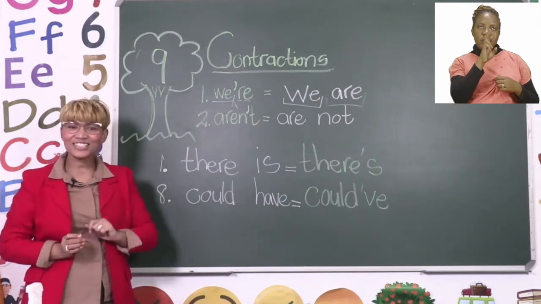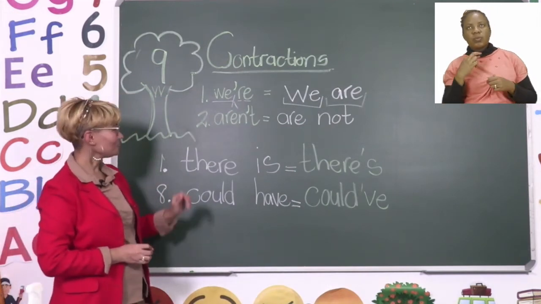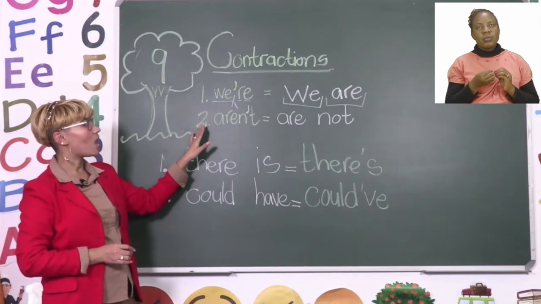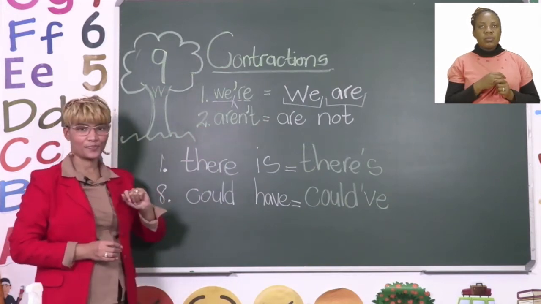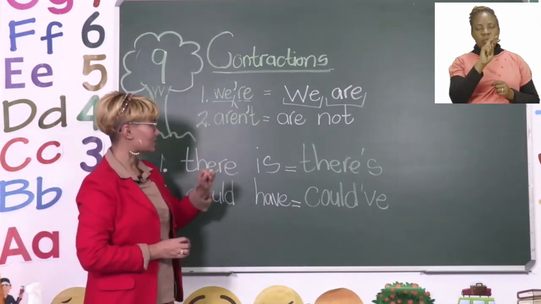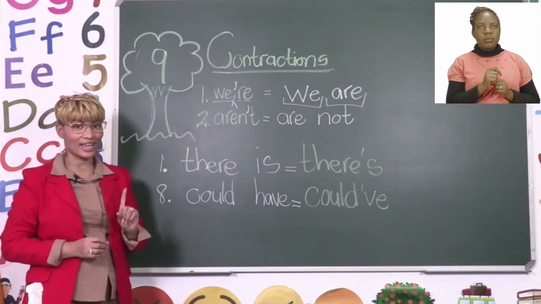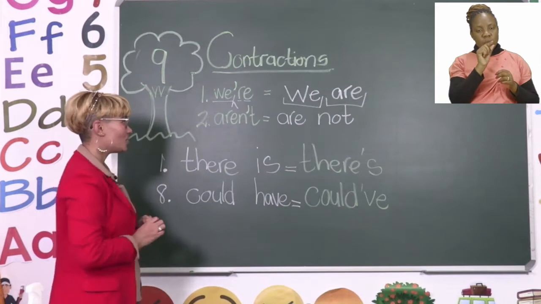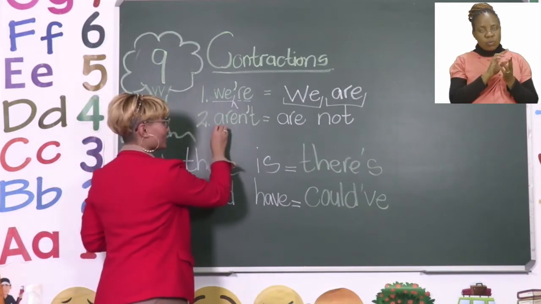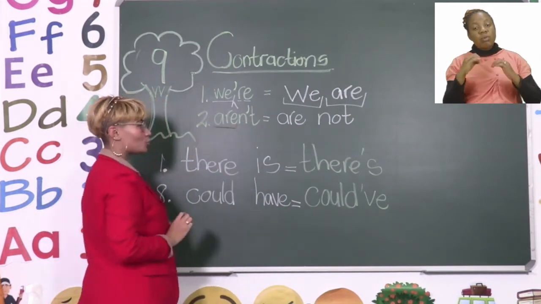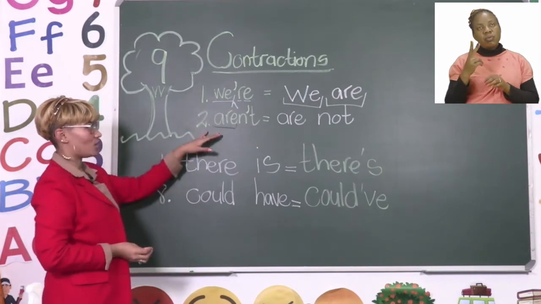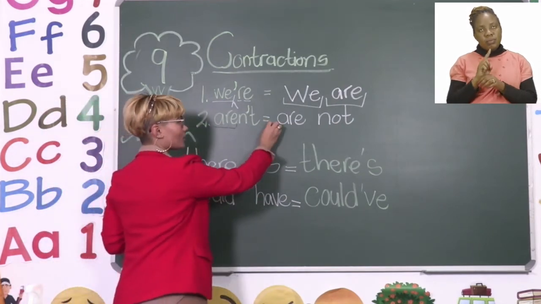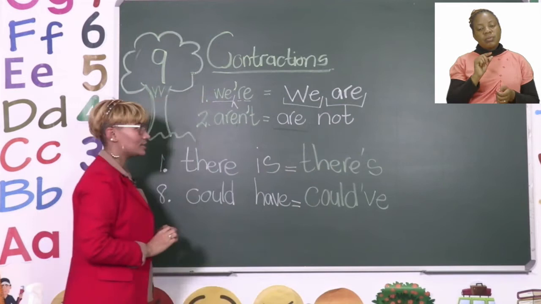Okay, let's quickly look at the second one. The second word is aren't. Right, once again, two words made one word. So if we take the one word, we have to make two words. So the first part of the word is the word are.